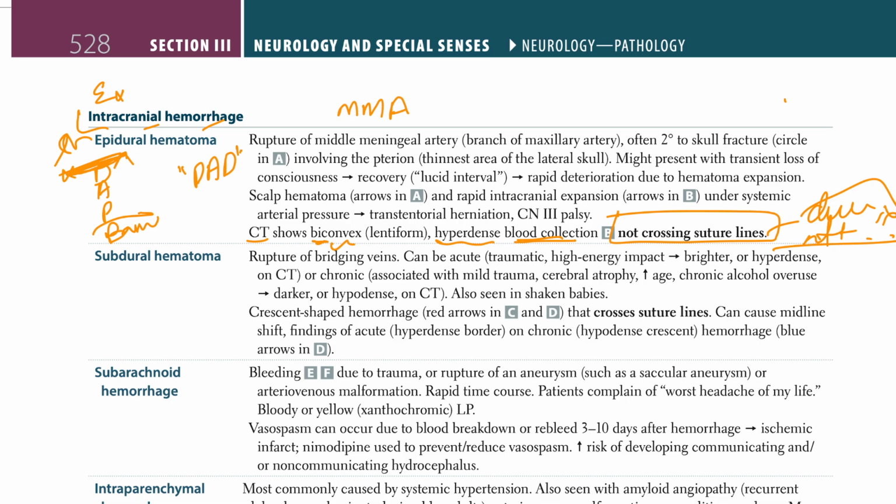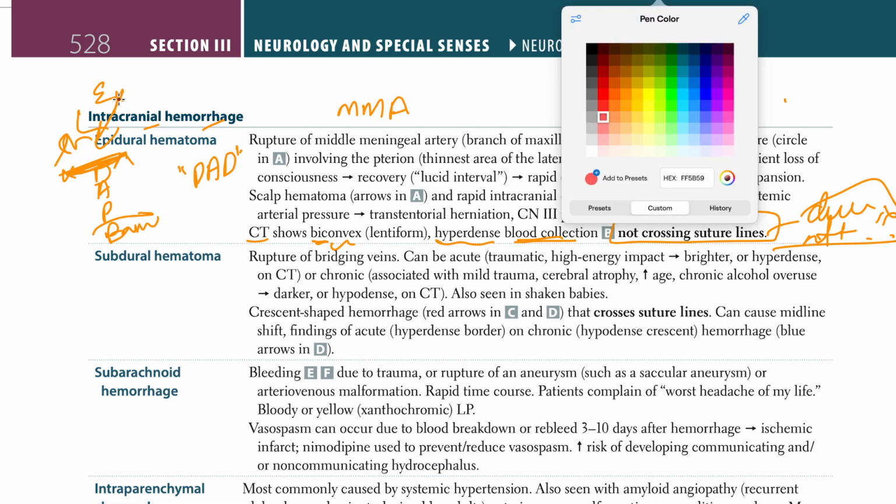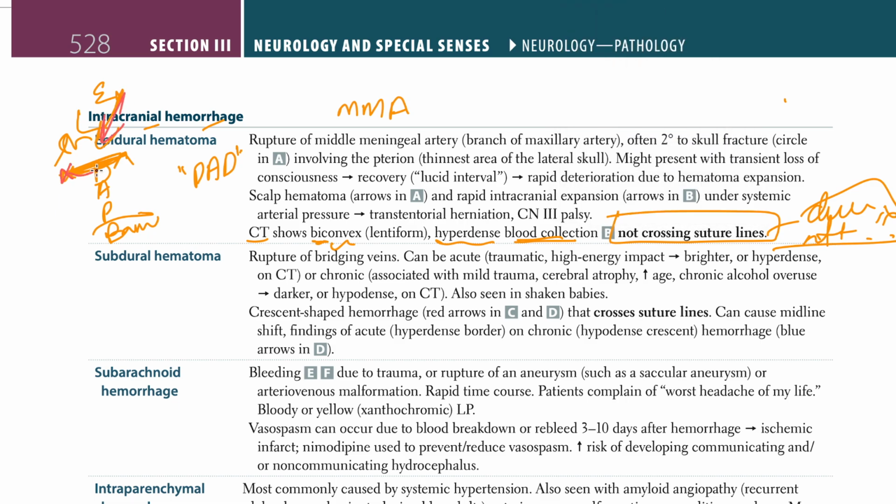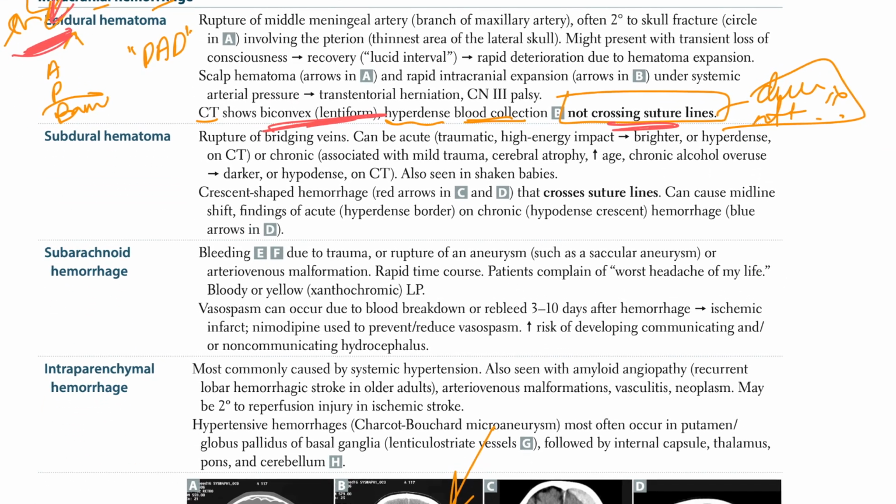Because it is intact, the blood is going to accumulate here within that suture line, giving you a lens shaped biconvex lesion, because dura is attached to the suture lines, high yield. And we'll talk about what's going to happen if it is not attached.